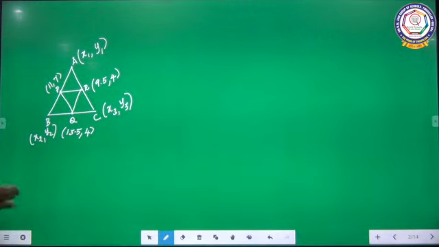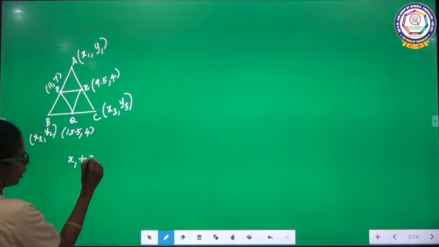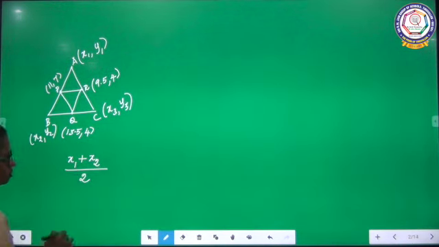Right? Now, the midpoint formula, it divides in a 1:1 ratio. How am I going to write it? x1 plus x2 divided by 2. Divided by 2, 1:1 ratio.